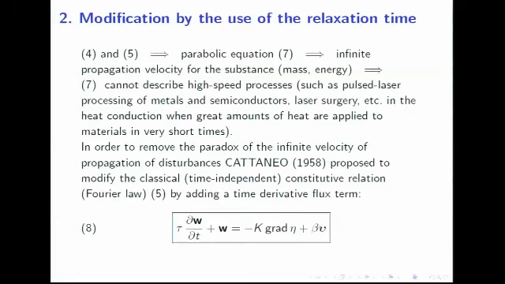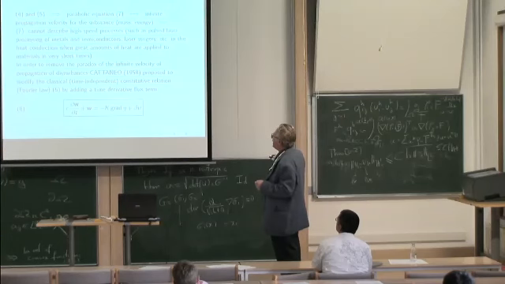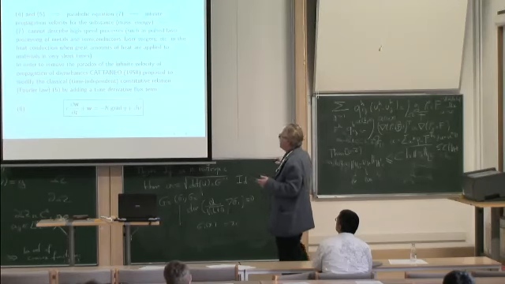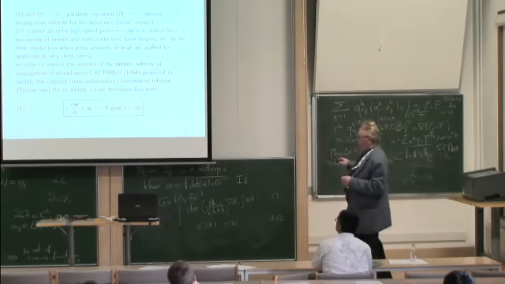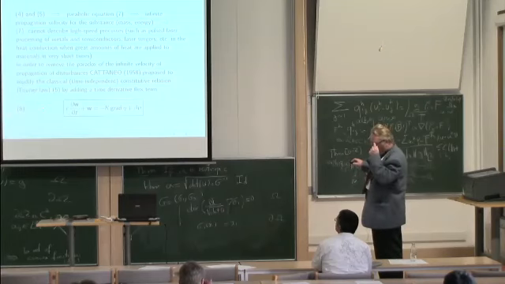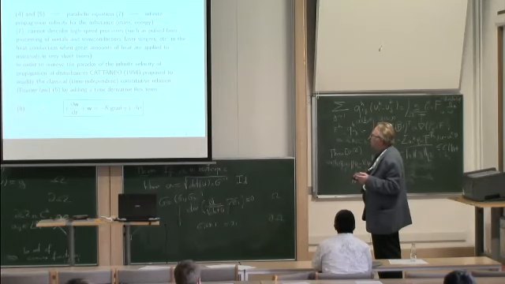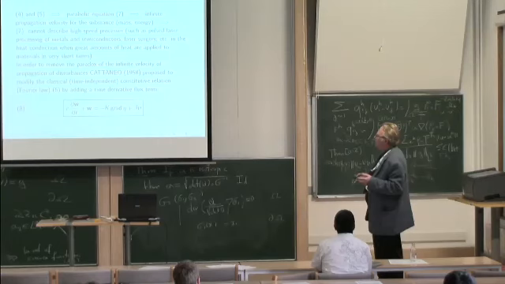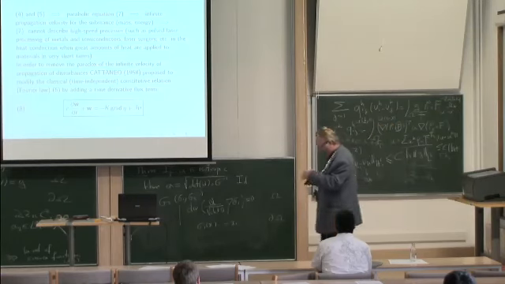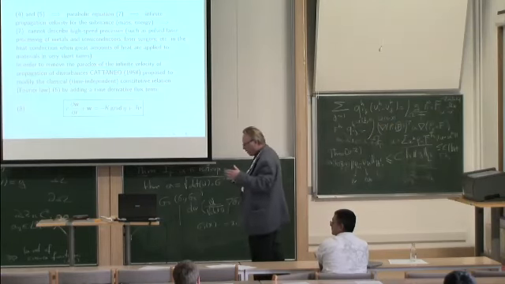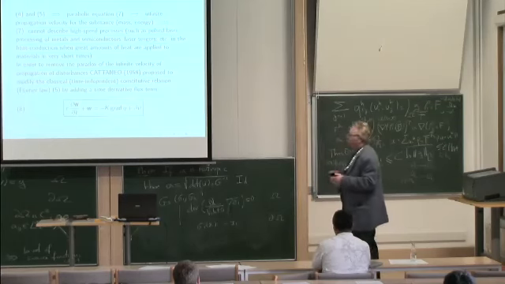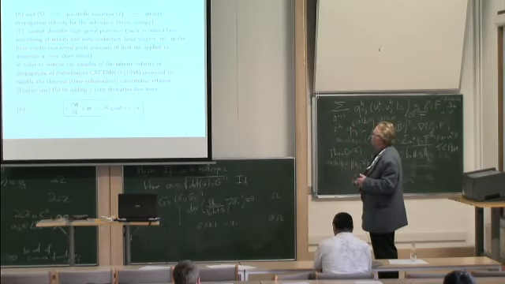So Cattaneo managed to obtain an equation where the velocity or speed for the substance is already finite by adding a time derivative flux term.